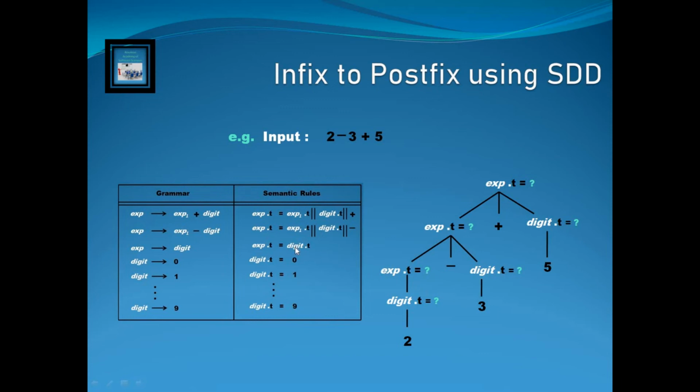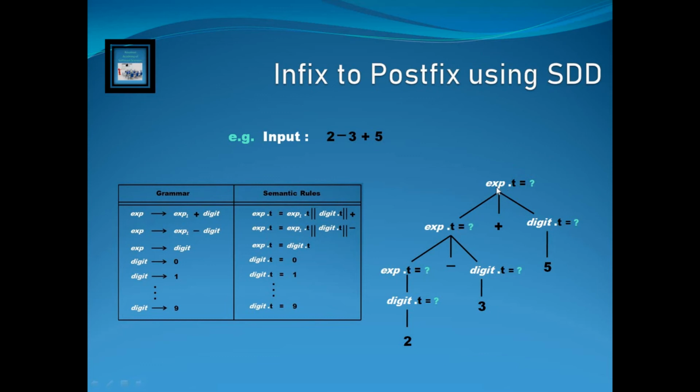Okay, so as we have learned earlier, the semantic rule is showing the postfix form, and we are going to represent the postfix form through an attribute T. So in order to evaluate T for the main expression, which is the ultimate goal of applying this syntax directed definition, we first have to evaluate the values for its child nodes.